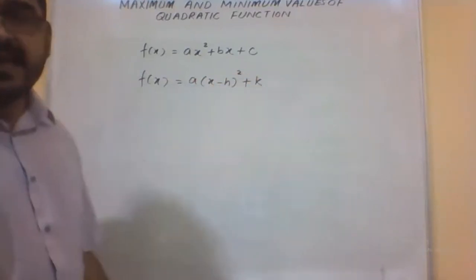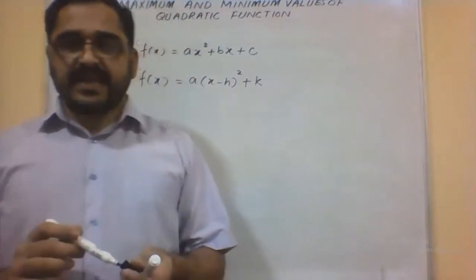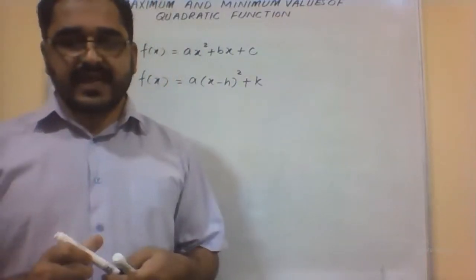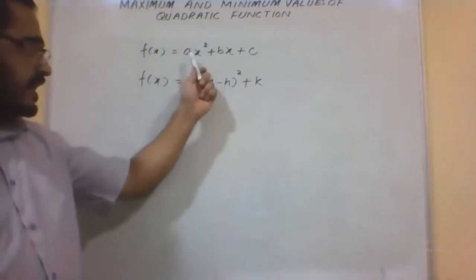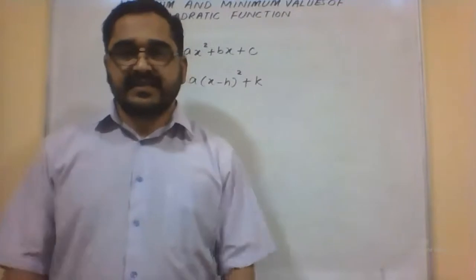We are writing it in the form a into x minus h whole squared plus k, which means we are making a perfect square of ax squared plus bx plus c.